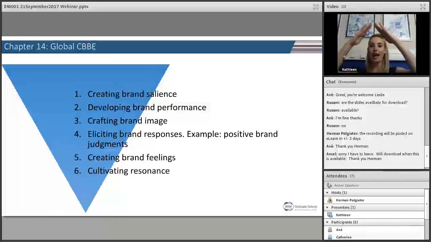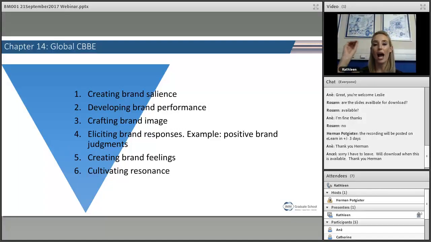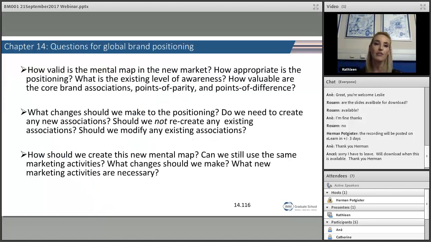And finally, at the top of our customer-based brand equity pyramid, we will be trying to build global relationships so that our brand resonates with our customers on a global scale. And these are the 4 steps in brand building, which correlates once again to the 6 building blocks of your customer-based brand equity.